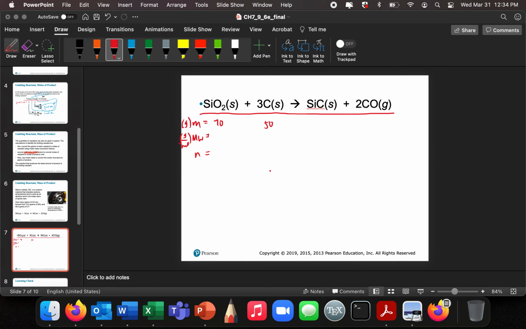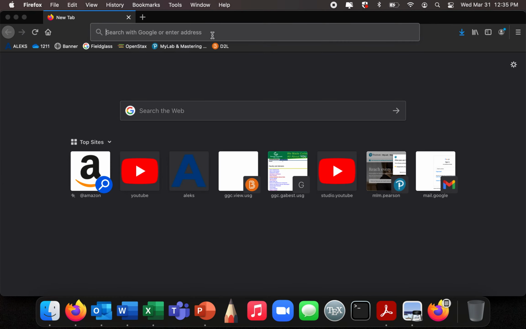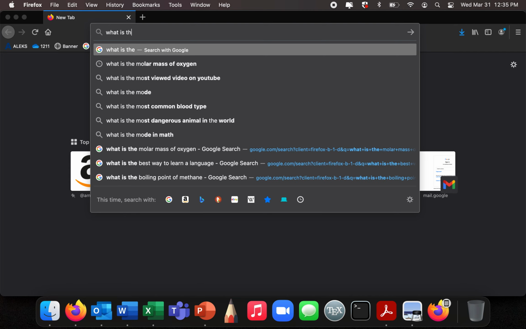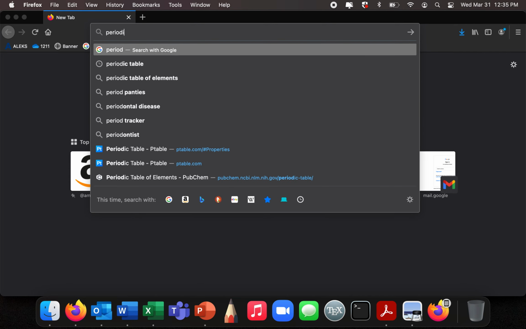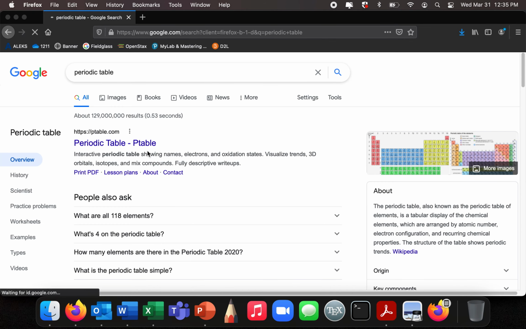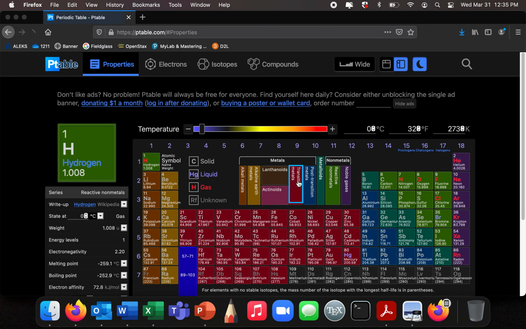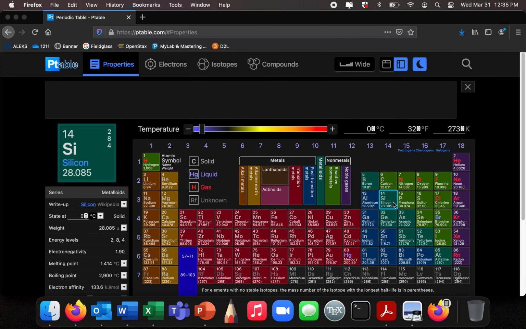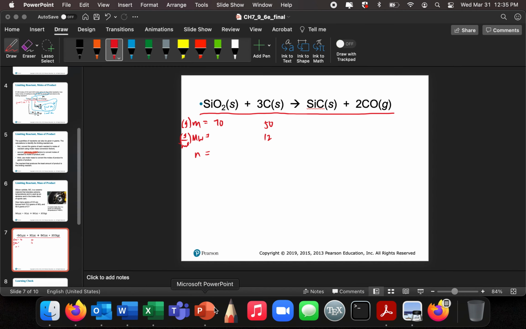I know carbon is 12 grams per mole, but I don't know silicon dioxide, so I'm going to come to my periodic table. Oh, so tempting to just Google that, isn't it? But I'm not going to do it with Google. Silicon is 28.085, plus 2 times oxygen, which is 15.999.